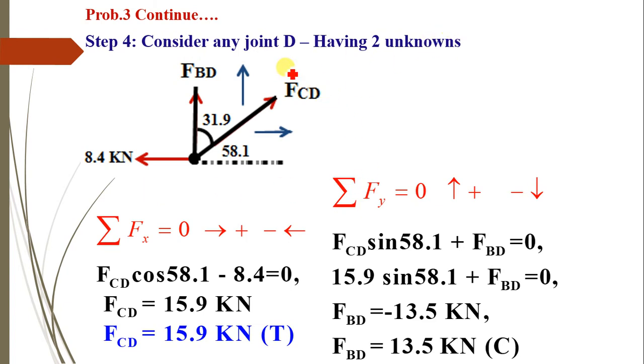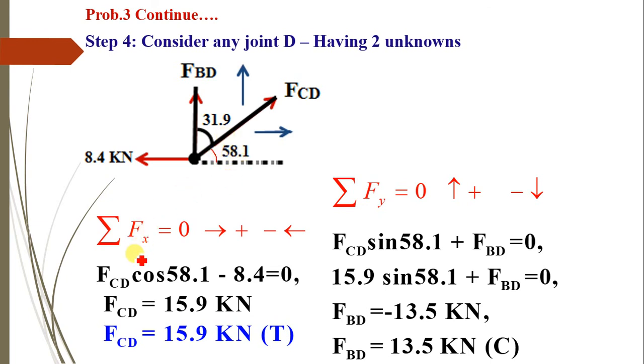Then 8.4 is nothing but the RD reaction, then the force is FBD, and then CD is resolved into horizontal and vertical components. Again the angle made with respect to horizontal is 58.1.